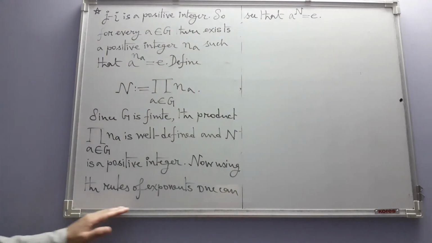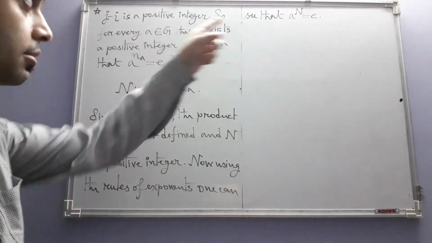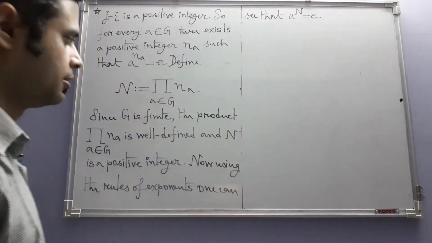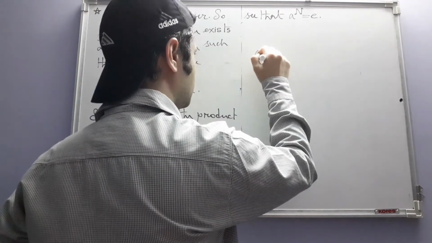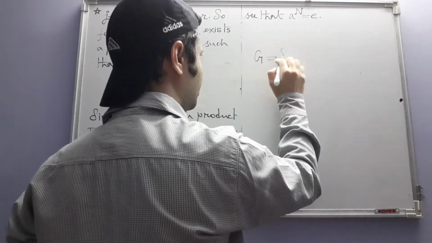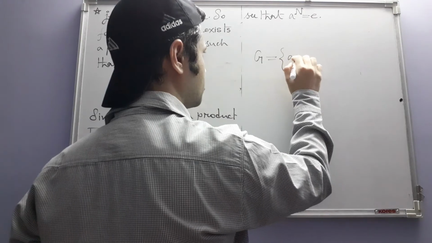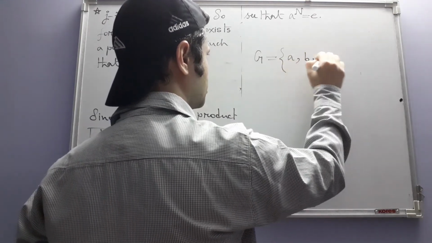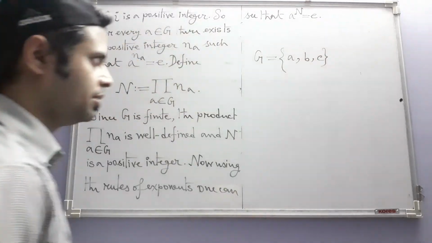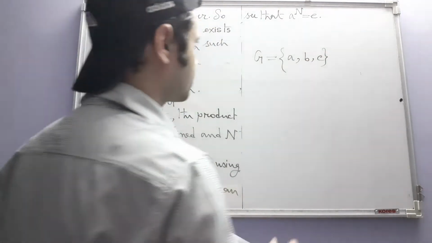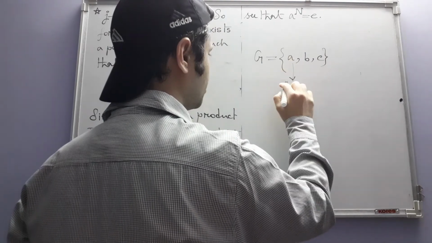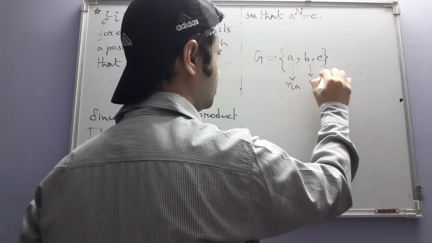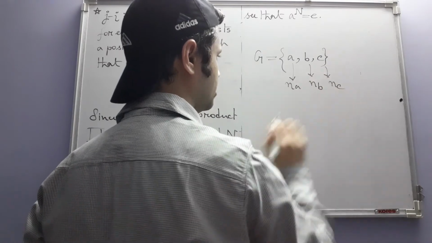How exactly are we getting this? Say our group has 3 elements. To make the notation somewhat simple, let me take a, b and c. For a we have got na, for b we have nb, for c we have nc.